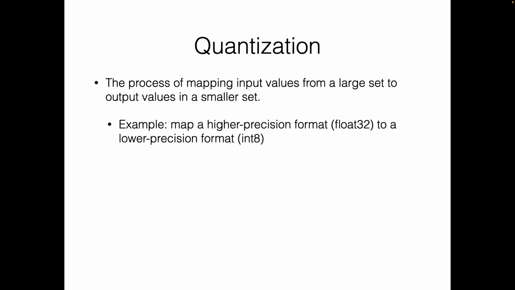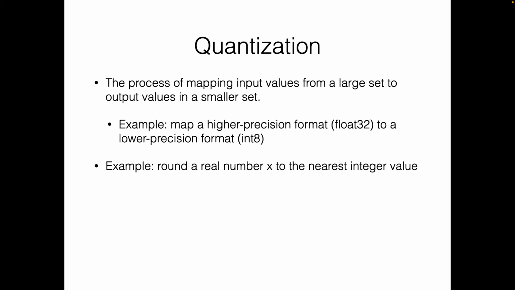An example in our context is we want to map some higher precision format like float32 to some lower precision format like int8. An example quantization method is just normal rounding. You could take a real number x and round it to the nearest integer value. That is a legitimate quantization method.